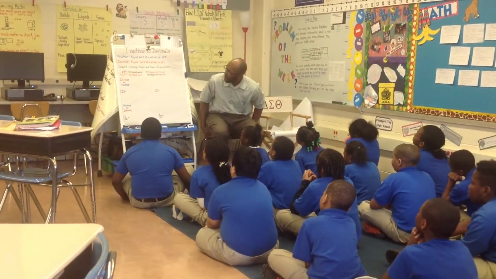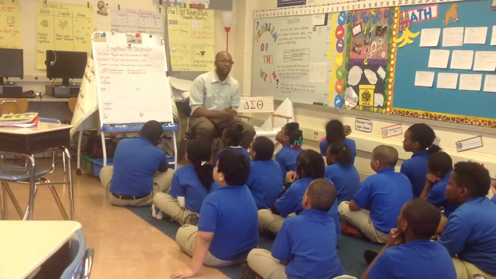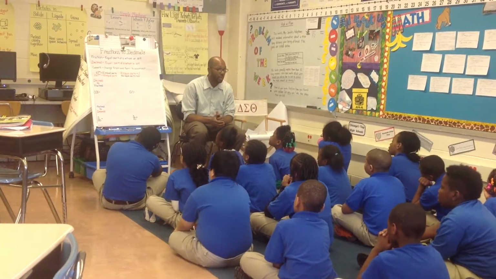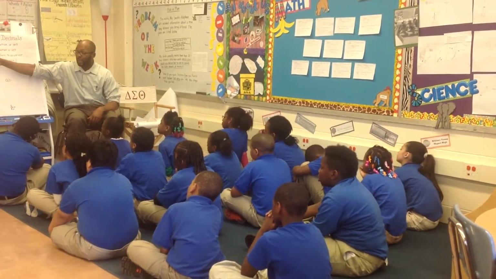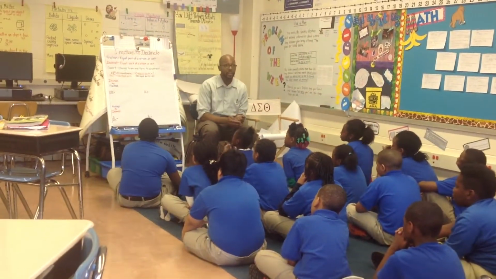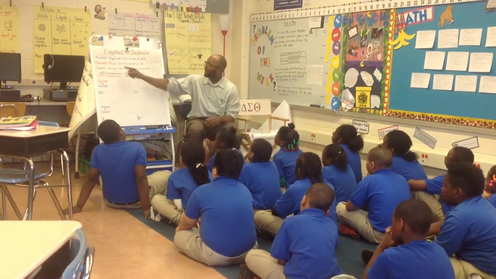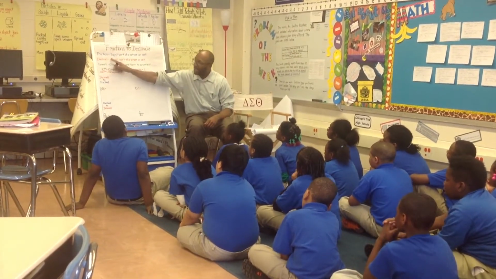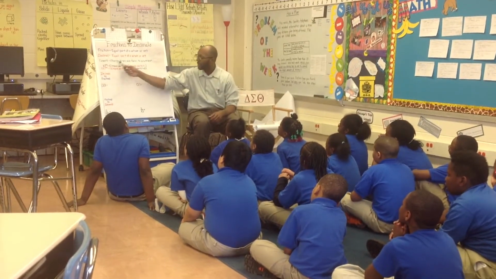So as a review for what we've gone over this year, we know that a fraction is an equal part of one whole or a set. And for what we learned earlier in the year, we also know that a decimal is an equal part of a whole or a set. So because they're both equal parts of a whole or a set, we can convert them.